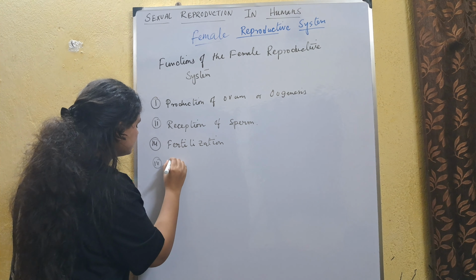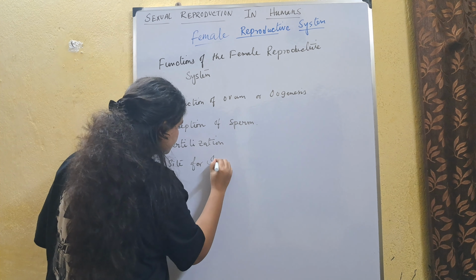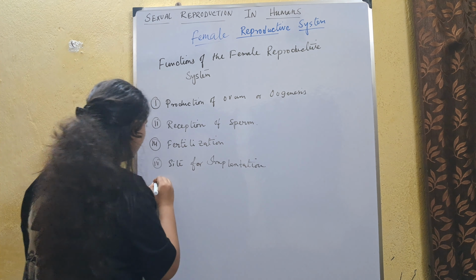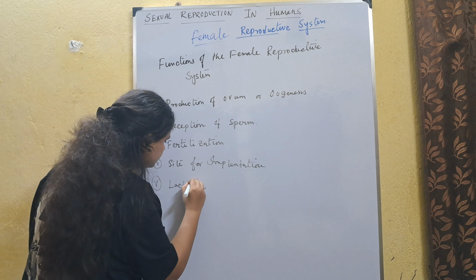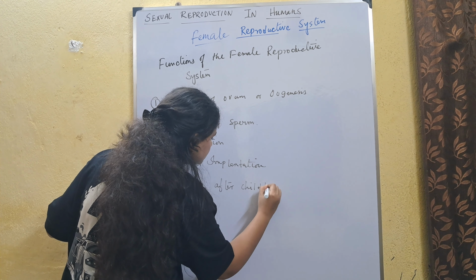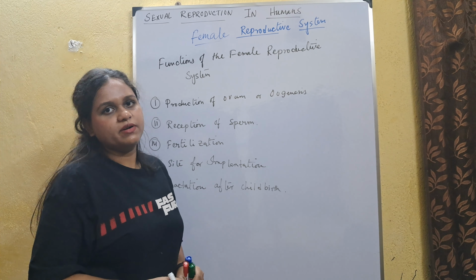The next one is being the site for implantation, and the last is lactation after childbirth. So these are some functions of the female reproductive system.